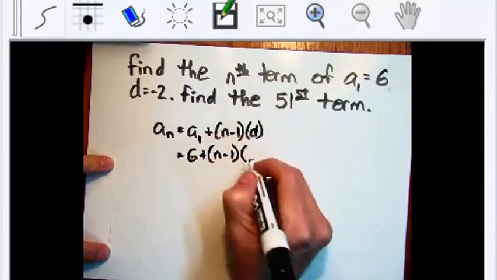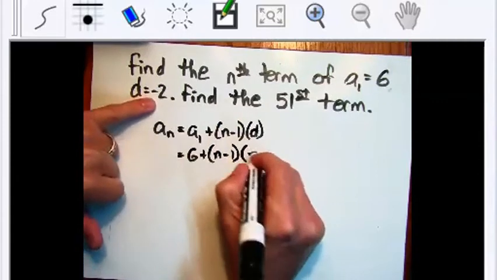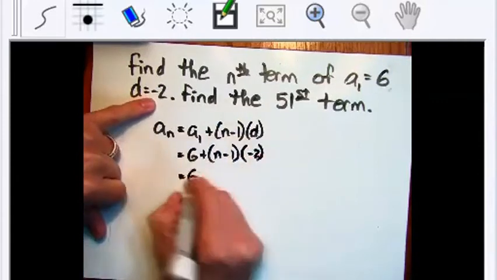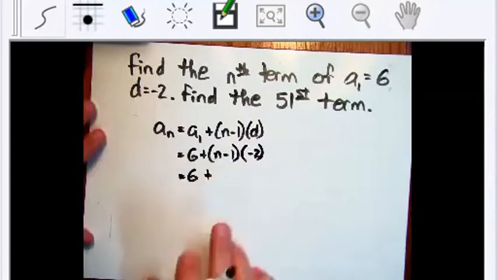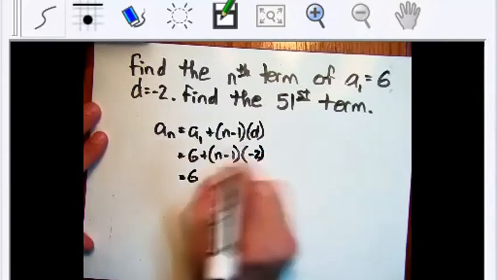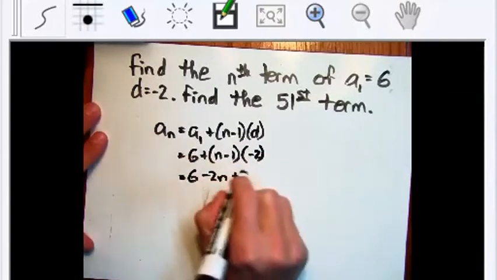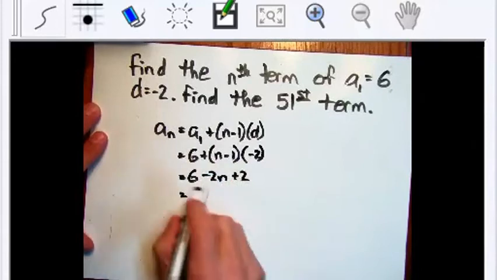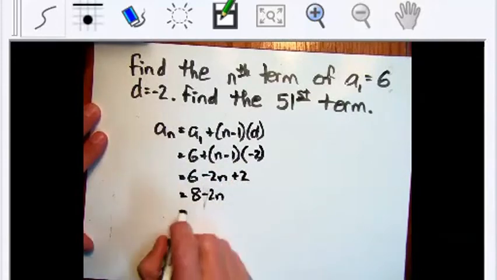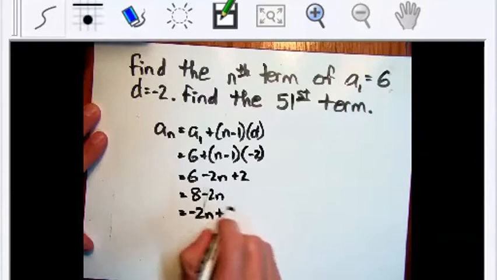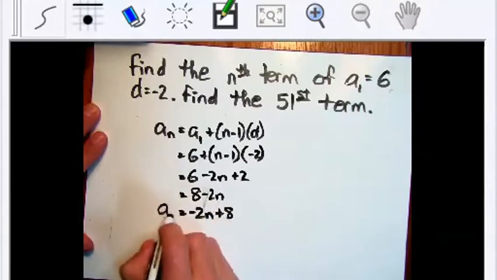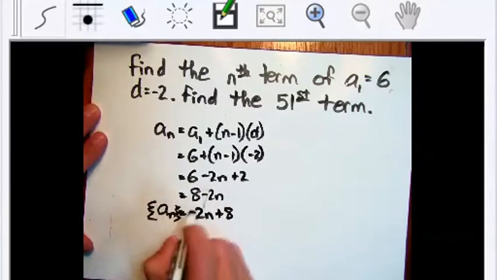And then my d value, where was that at? Right here, negative 2. Then just clean this up, and that's really it. So we got 8 minus 2n, or we can write negative 2n plus 8. That doesn't matter too much, but there we go.